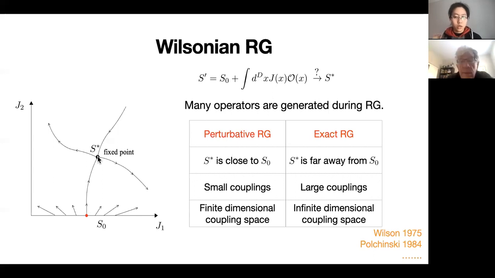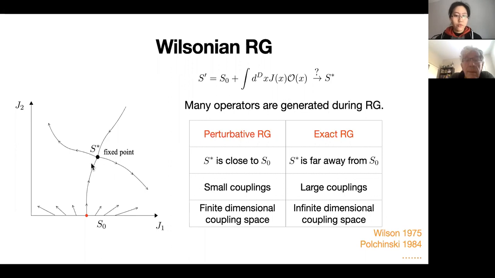So this is very useful in the conceptual way. But in reality, the method is actually very complicated if we apply it to a realistic theory, because during this RG transformation process, on one hand, the coupling for the existing term gets modified, and on the other hand, many other operators are generated.